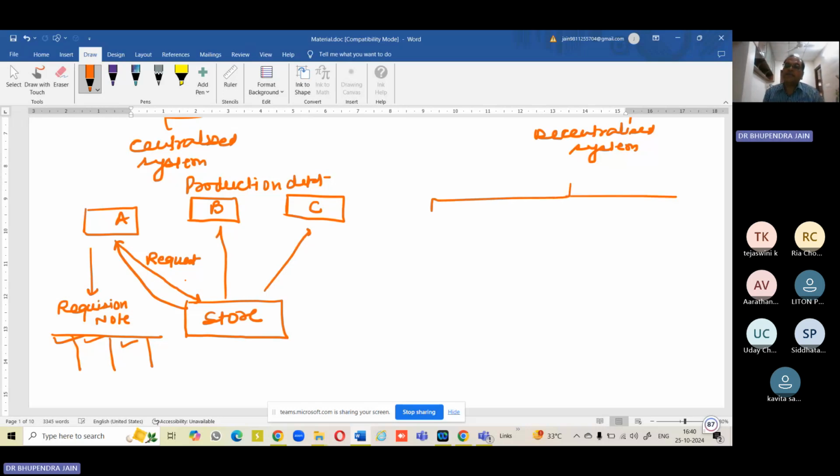Under the decentralized system of material, production department A, here production department B, here production department C, every department has a separate store.